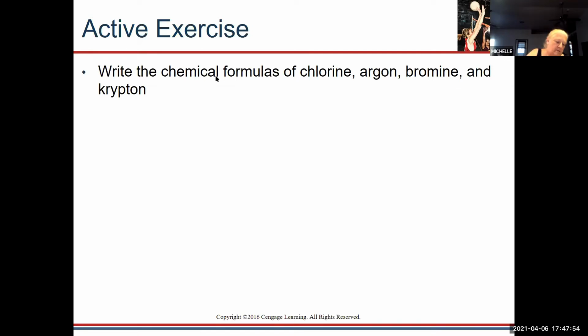Just write the chemical formula out. If we're talking about chlorine gas, because chlorine is typically a gas, chlorine gas is going to be Cl what? Cl2? That is correct. So that would be the chemical formula.